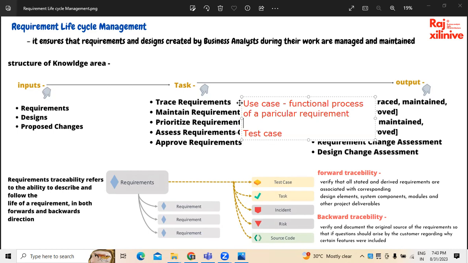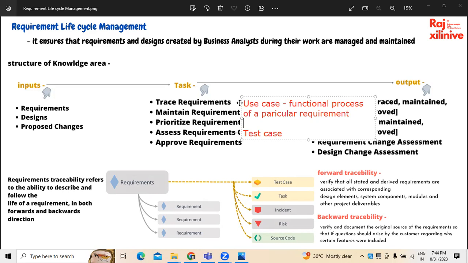So all these things come under use case. What input you are giving, what output you are expecting, what success scenario we have to maintain, and whether there are any dependencies or exceptions. This is what we call a use case.